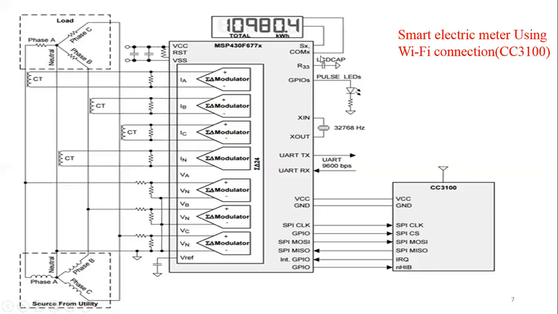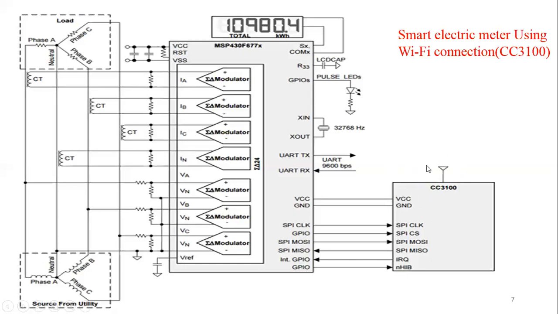Every electrical parameter will be measured by this smart energy meter. Whatever data is measured will be transmitted to any mobile phone or any smart device by using the Wi-Fi module.